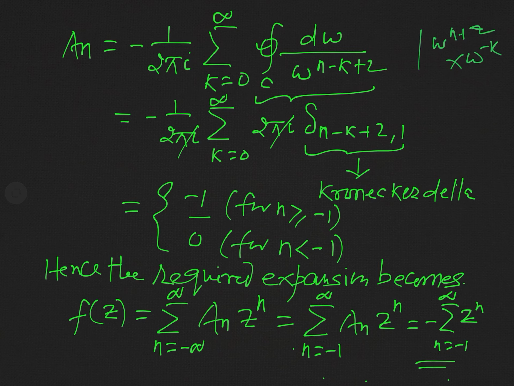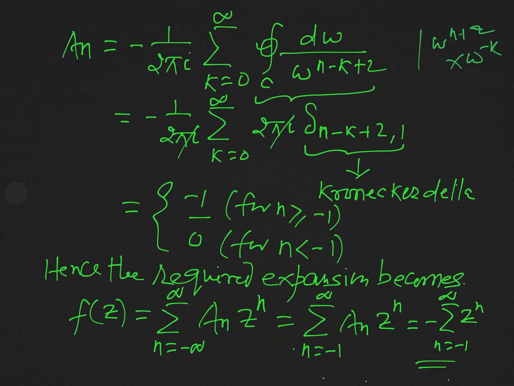And see this integral: this is the integral along C of dw by w to the power n minus k plus 2. We can write this integral in this form: 2 pi i times the Kronecker delta of n minus k plus 2 and 1.